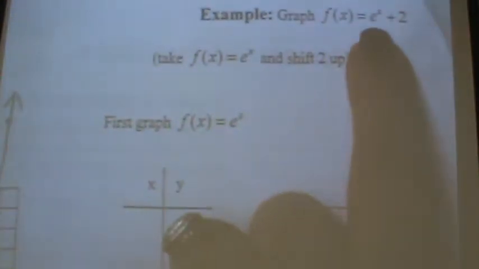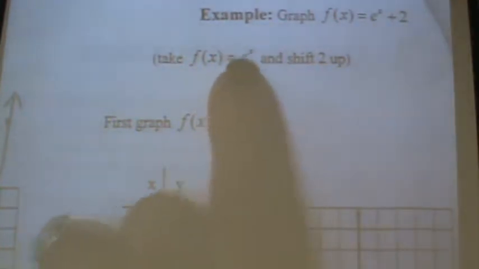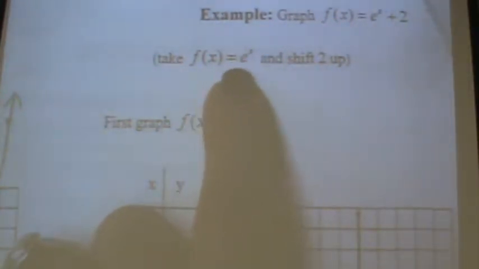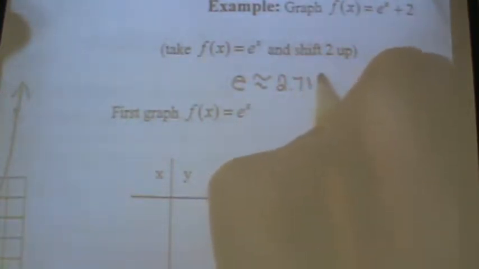Okay, now this one, just wanted to let you know, what is the parent function here? It's e. y equals e to the x power. Do you guys remember what e is? e is Euler's number. It's approximately 2.718.